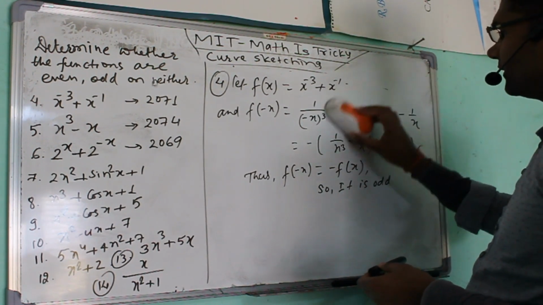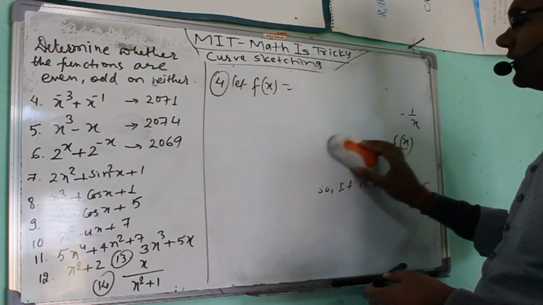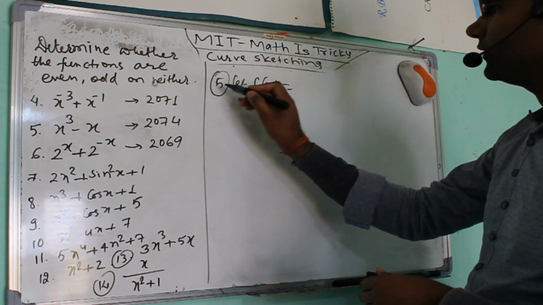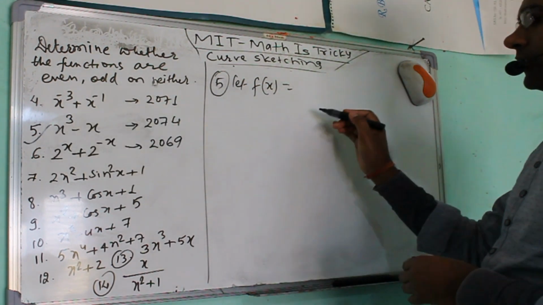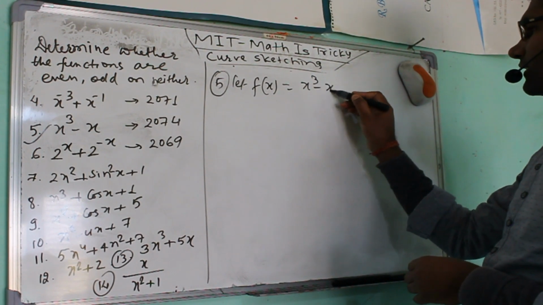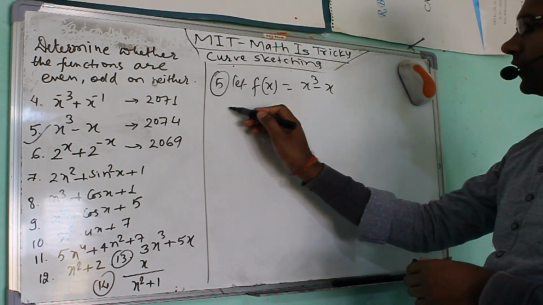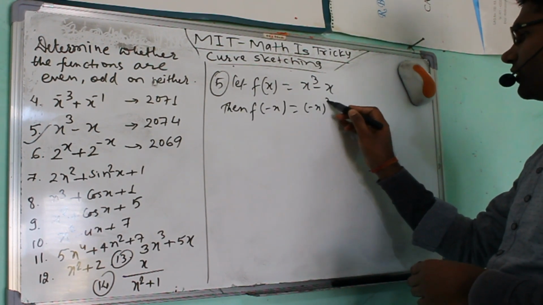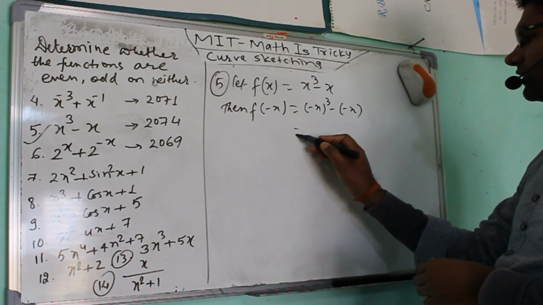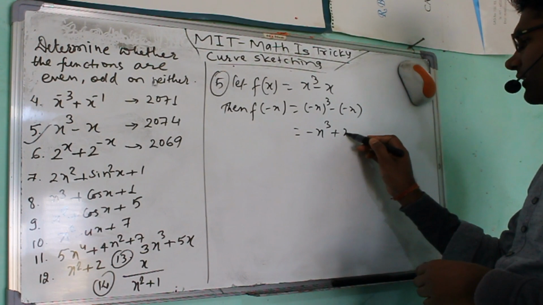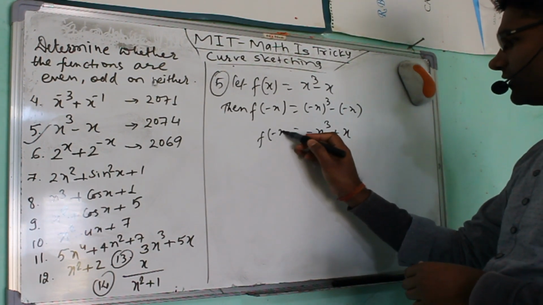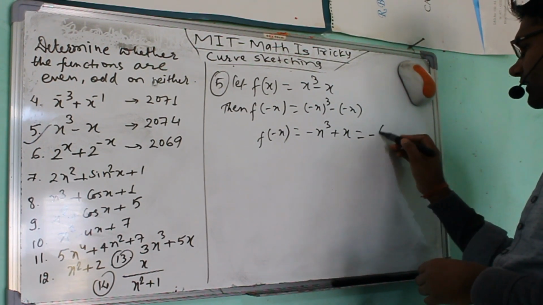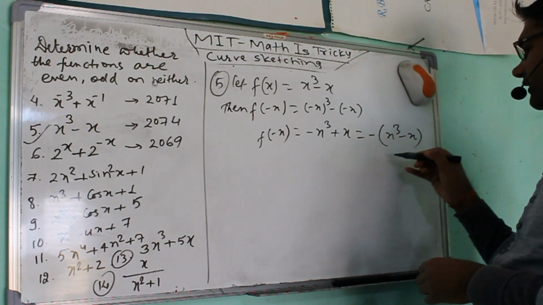Now let's move to question number 5. f(x) = x³ − x. Then find f(−x) = (−x)³ − (−x), which gives −x³ + x. If we take minus common, it will be −(x³ − x).